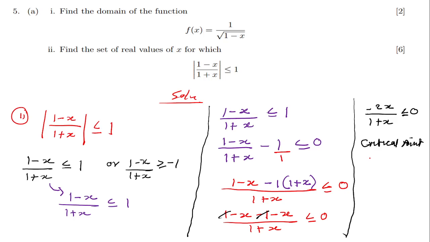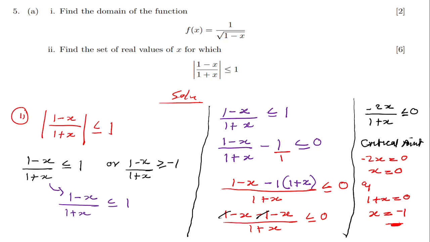And for that other one, 1 plus x, you equate it to 0, so x is equal to negative 1. So these are the two critical points in that particular equation.